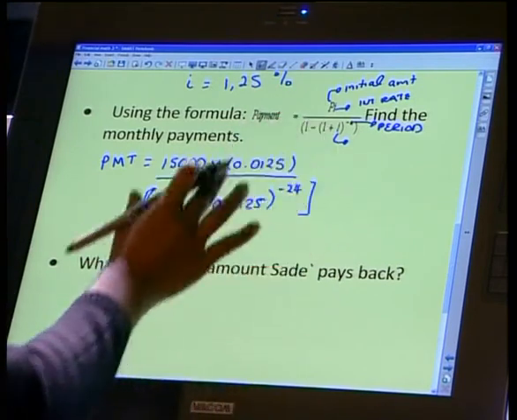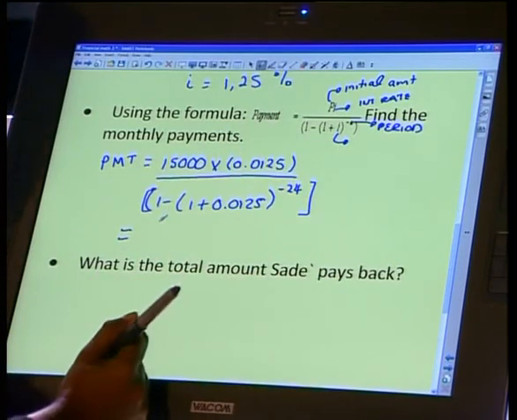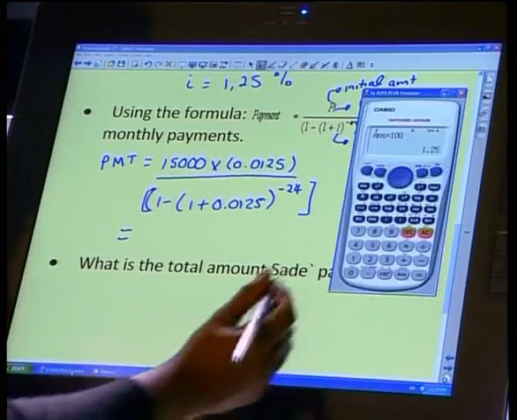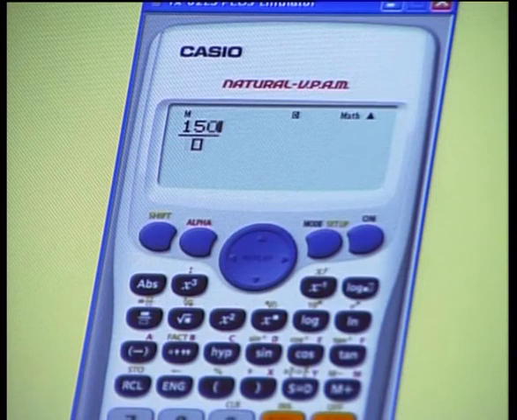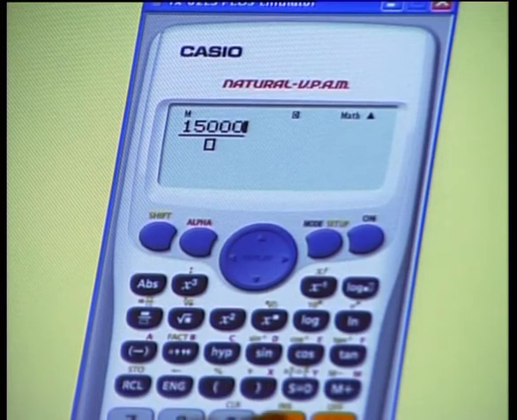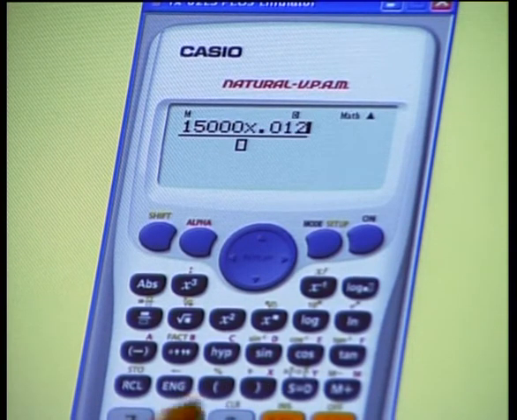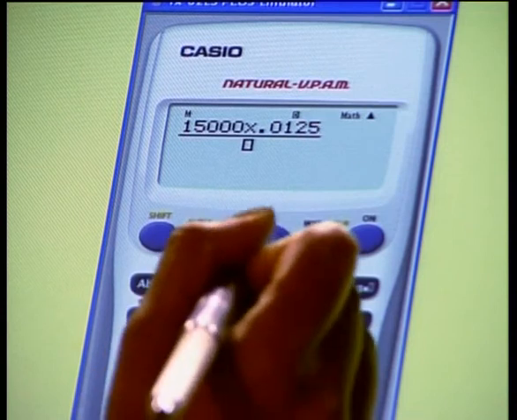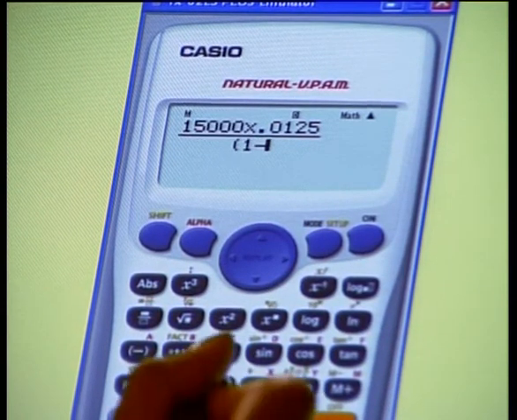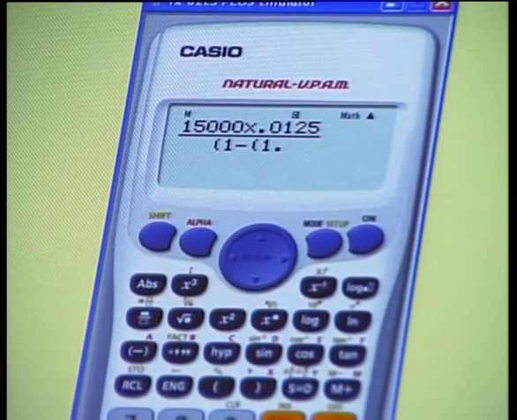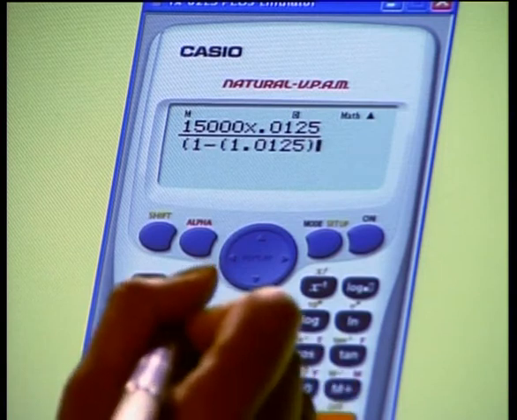Okay, we can put this entire monster into the calculator and let's see what we get. So we want a fraction here. It's 15,000 times 0.0125. We divide that, open a bracket, 1 minus another bracket, 1.0125. Close brackets.